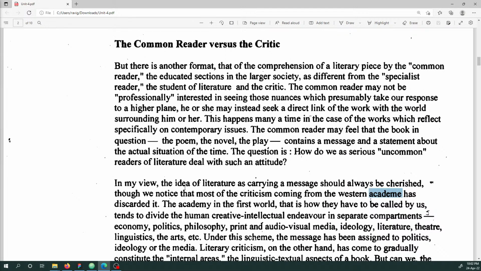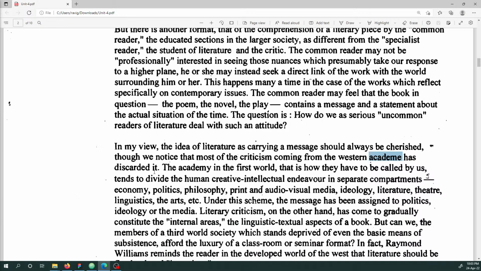In my view, the idea of the literature as carrying a message should always be cherished, though we notice that most of the criticism coming from the Western academe has disregarded it.